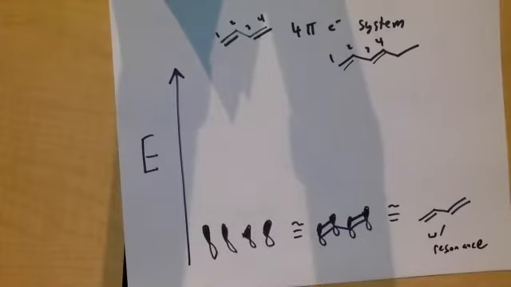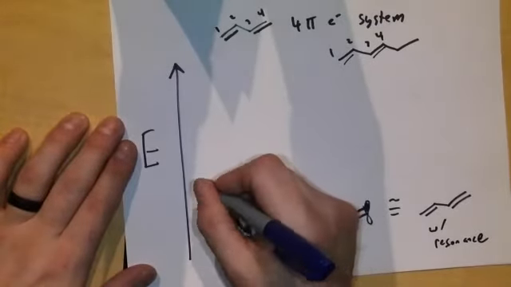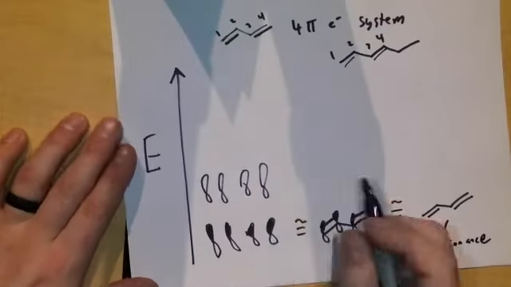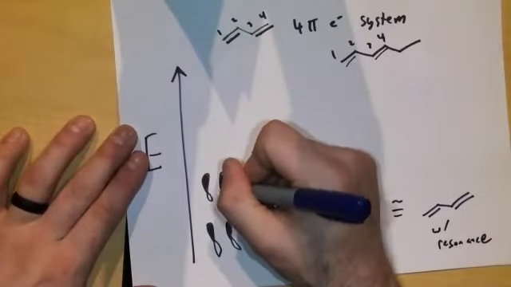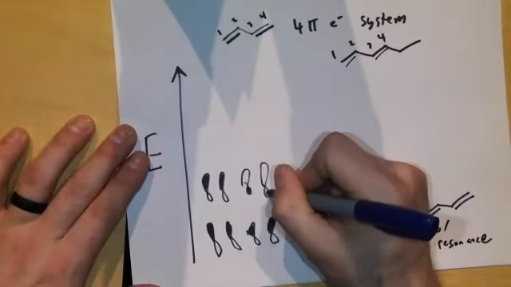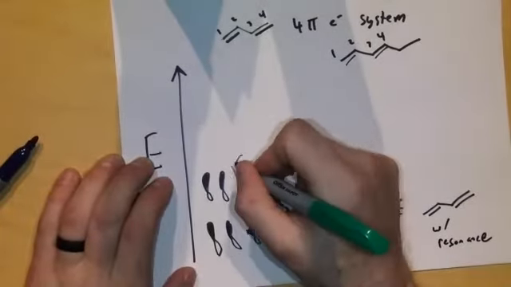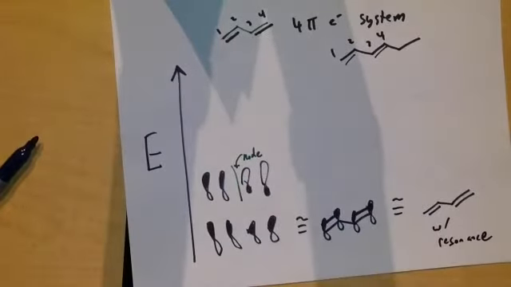As we add energy into the system, we're going to start flipping these orbitals. So the easiest one we can do is where we have a pair of 2 on top for 1 double bond, and then a pair of 2 on bottom for another double bond. This is going to create what's called a node. And essentially a node is a place that electrons can't move through.